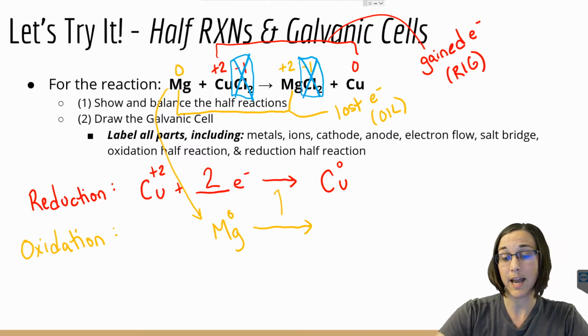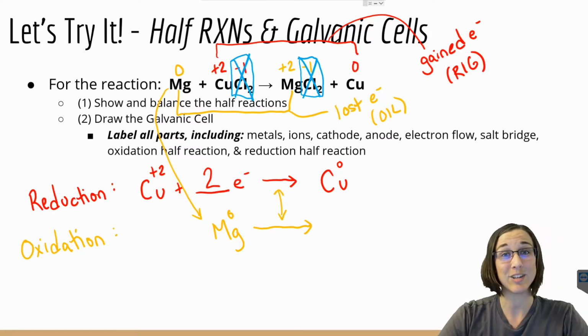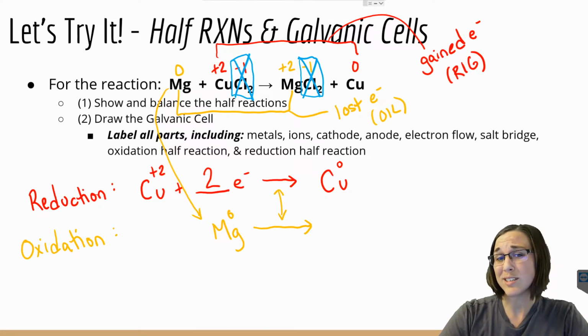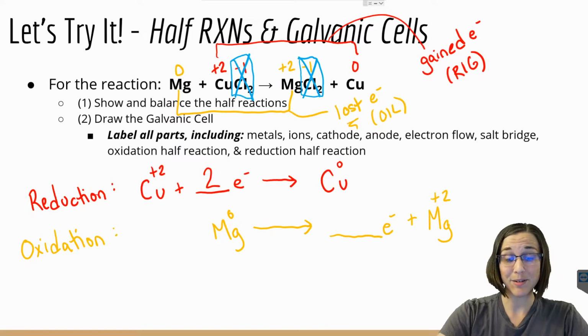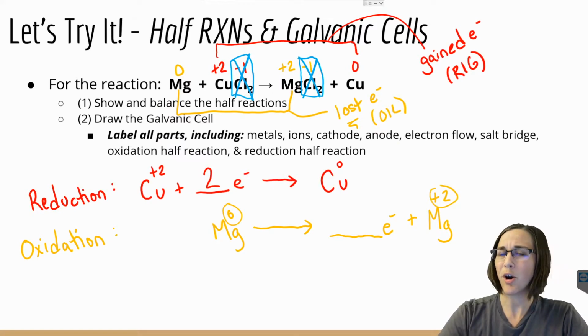I do this every time. It makes it easier to see what side the electrons are on when everything is said and done. Then we know we needed to lose some number of electrons, and so we're going to write a space for the number of electrons we lost on our product side. And we're also going to add magnesium +2 down here. Now to go from 0 charge to +2 charge, hopefully you see we would have needed to lose 2 electrons.